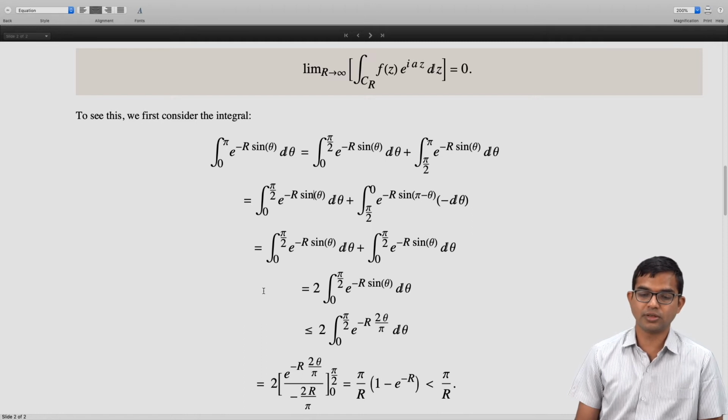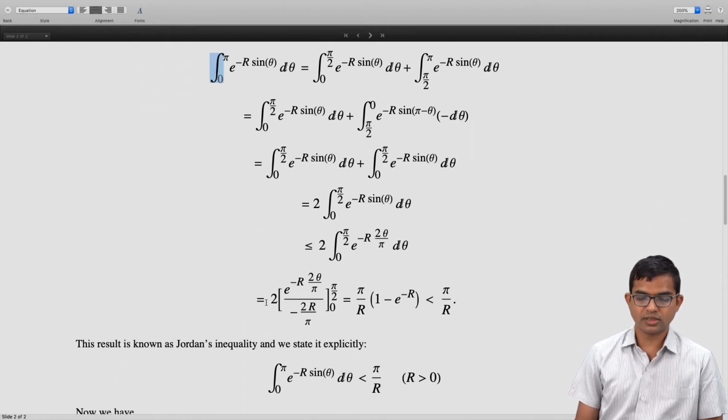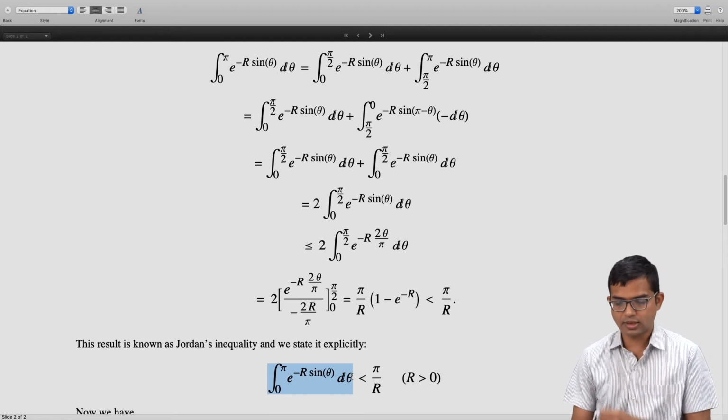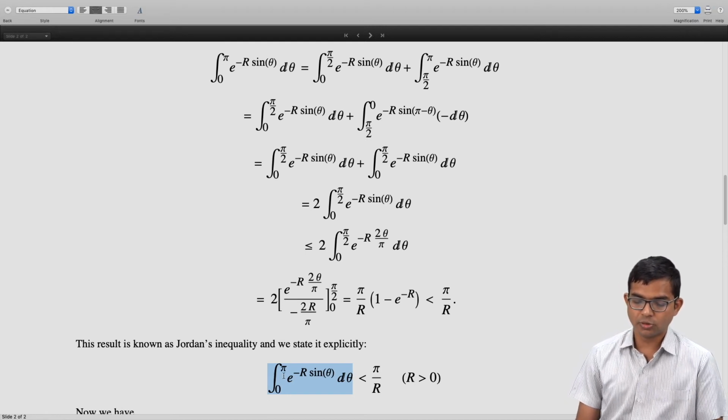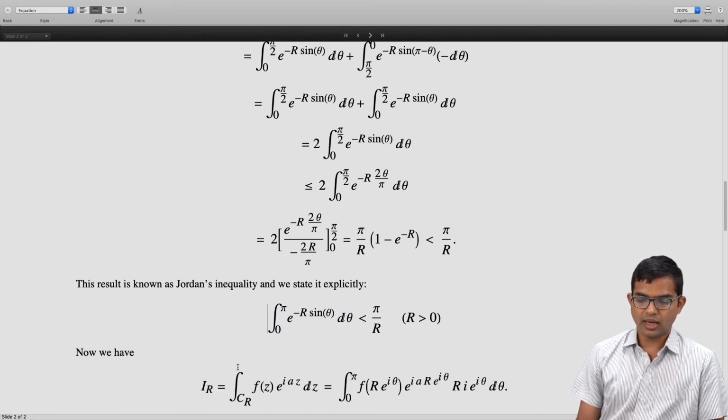So basically we managed to immediately show that this is the Jordan's inequality. We have managed to show that whenever r is positive, which is the case here, it's a radius and so it has a positive value, 0 to pi e to the minus r sine theta d theta is less than pi by r, right? So that's the Jordan's inequality, and our Jordan's lemma actually follows from this.